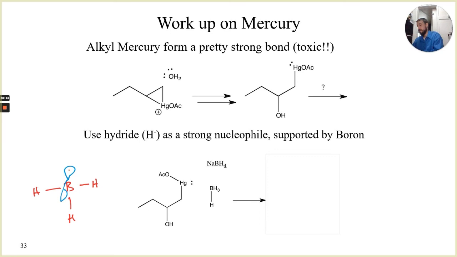That empty p orbital is what's holding the hydride's electrons. So when you see NaBH4, really what we're saying is that these electrons can come in and eject. It's a much more complex mechanism than that, but I don't want to deal with it right now because of time.